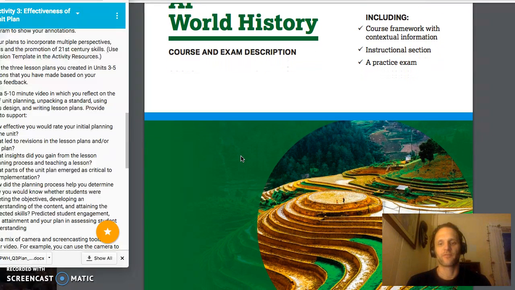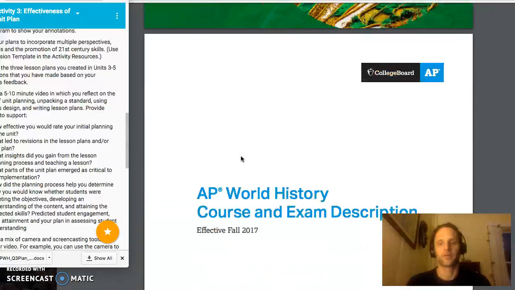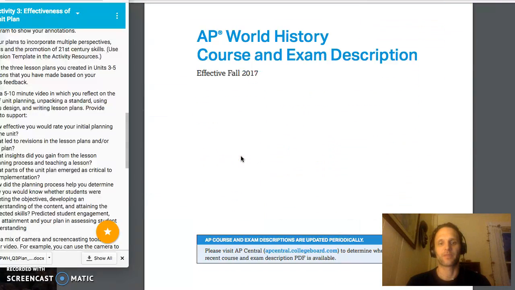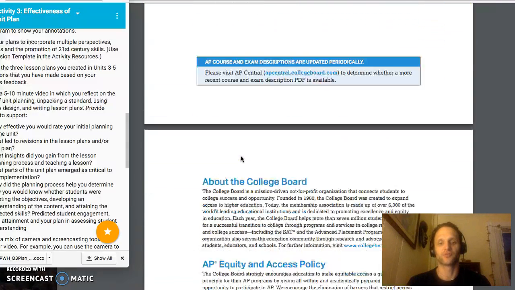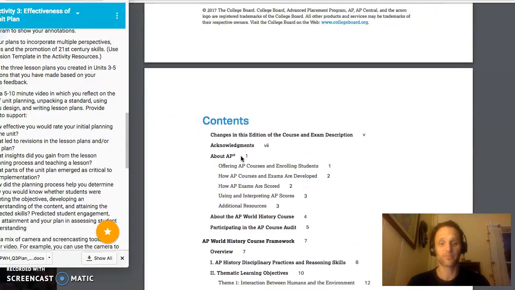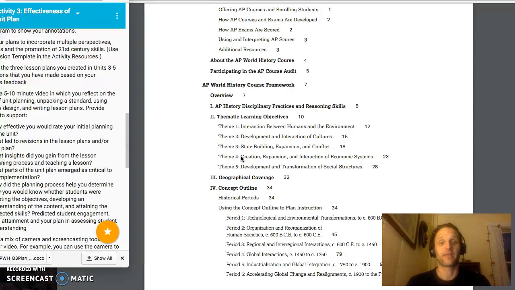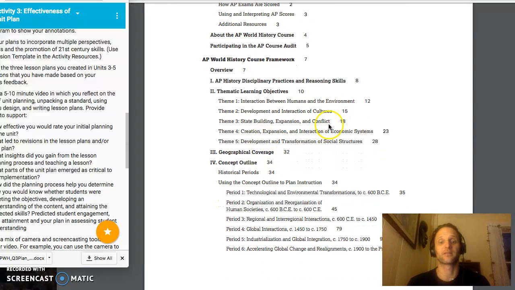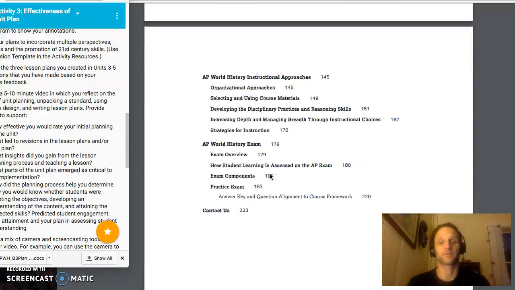The first thing I need to know when I'm making a unit is using kind of the backwards planning. What are the big picture themes? And the AP World History curriculum does a nice job of helping us understand that and laying those out in what they call key concepts.